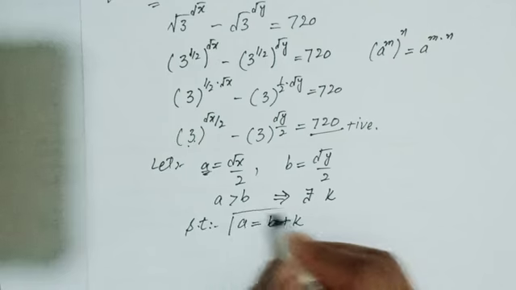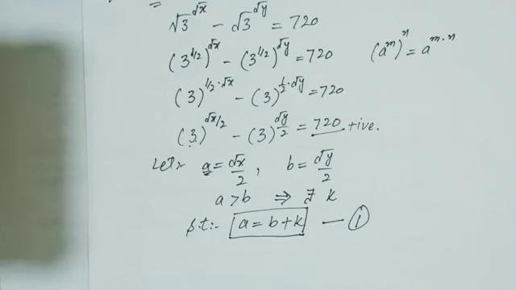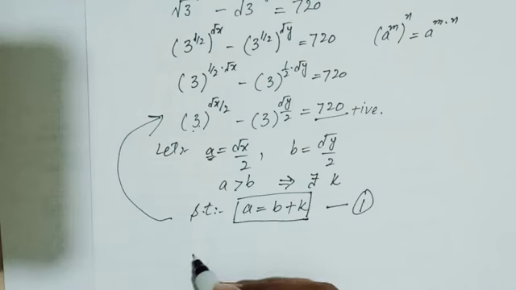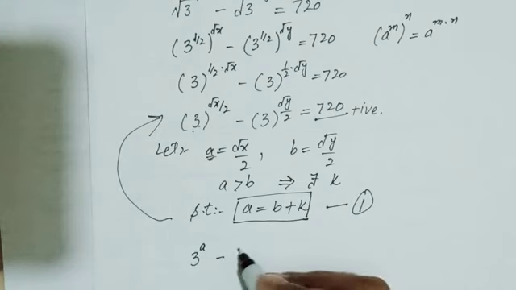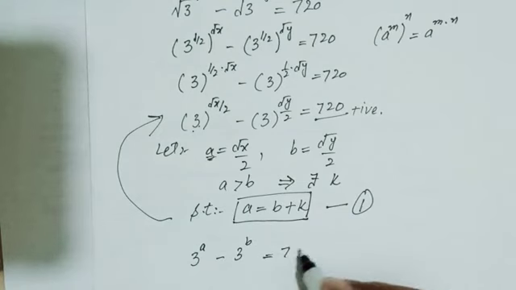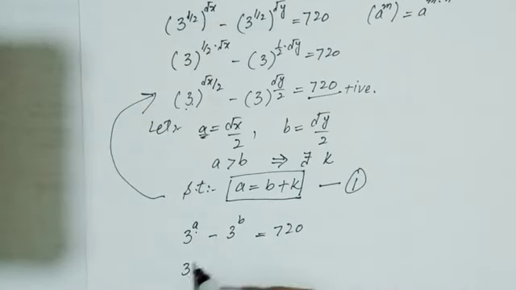So now I am going to use this. I'm marking it as equation number 1. So I'm going to use a equals b plus k in this equation, which is 3 raised to power a minus 3 raised to power b, which is equal to 720, and further I will replace a by b plus k, minus 3 raised to power b, which is equal to 720.